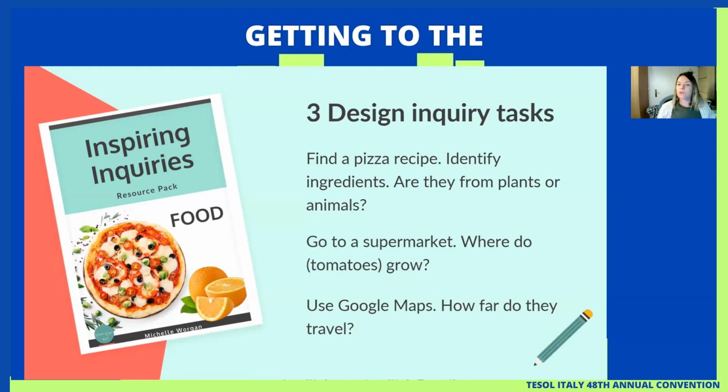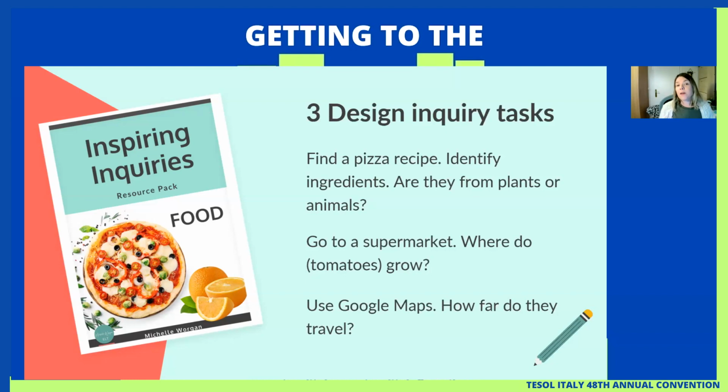So obviously, you know, tomatoes, cheese, flour for the dough. But also other toppings and things that they might want to put on their favorite pizza, for example. So they could think about whether these ingredients come from plants or from animals, whether they are natural ingredients or processed.